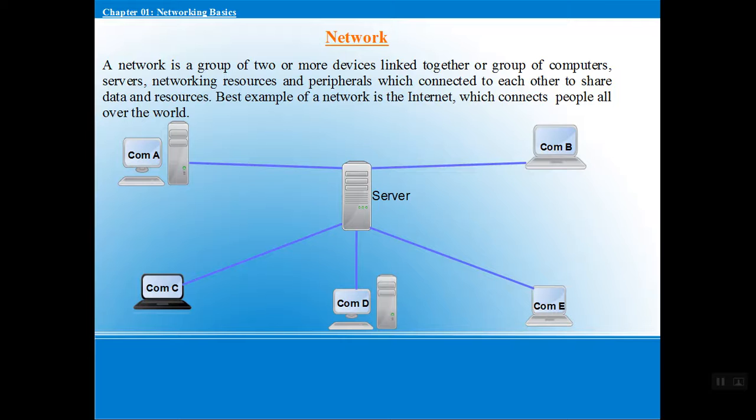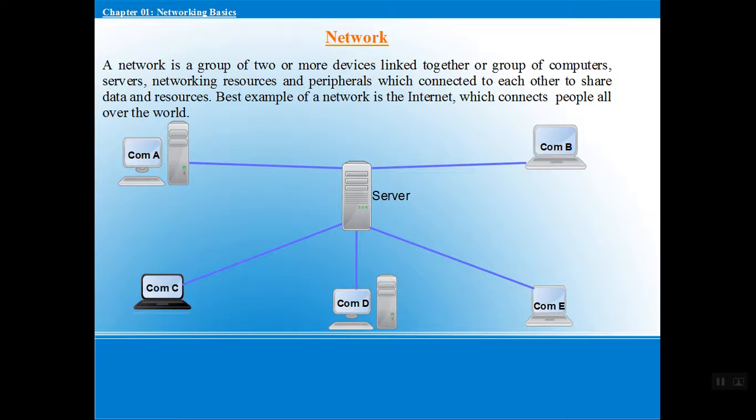But in computer networking, systems and other peripheral devices like computers, laptops, PCs, and mobiles connect with each other to share data and resources. When data or information is shared within a network, it is called networking. In simple words, a network is a collection of devices, whether software, hardware, or a group of people like friends or society, connected with each other to share data and resources.